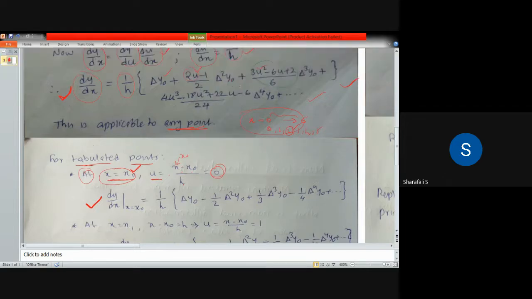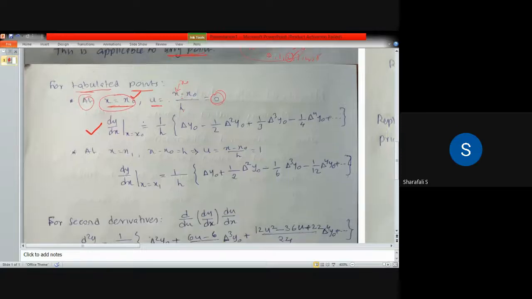All these terms, this 3u square minus 6u, this 2u, and this 6u cube, up to this term, will become 0. Only the constants will exist.